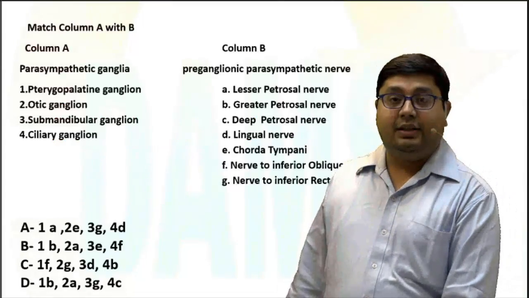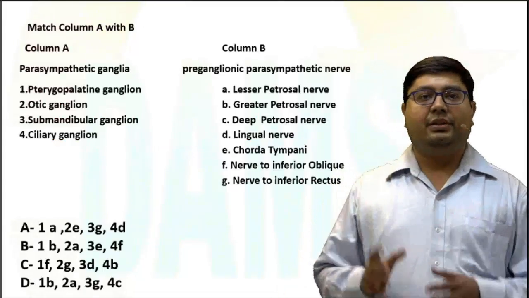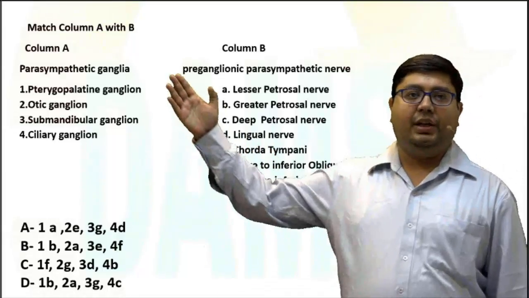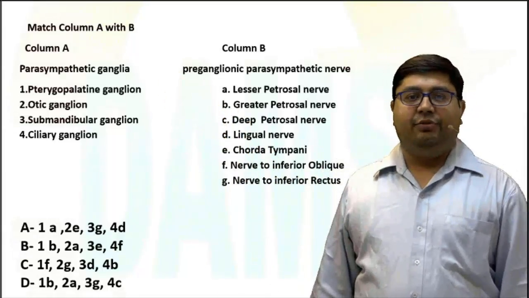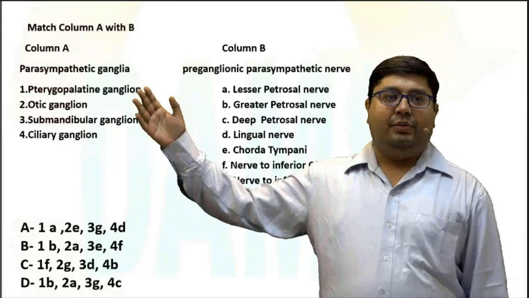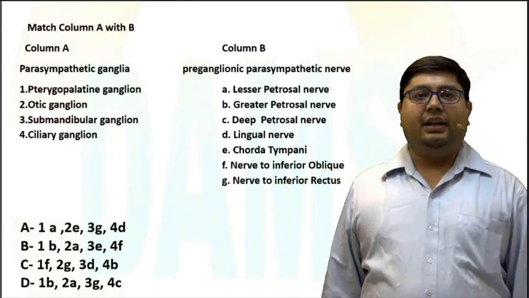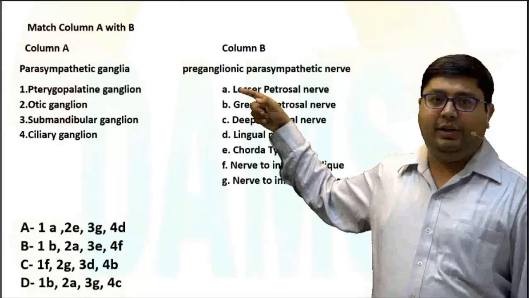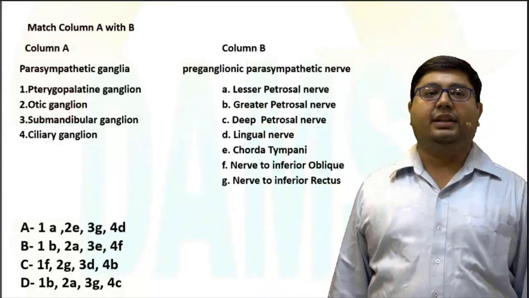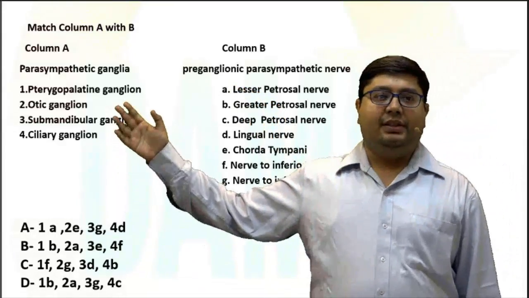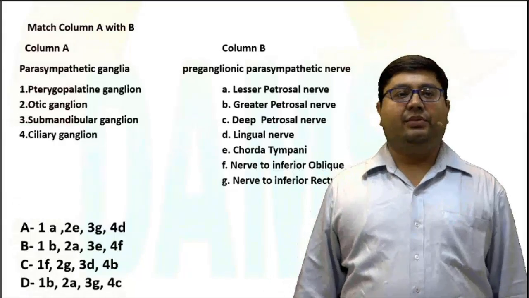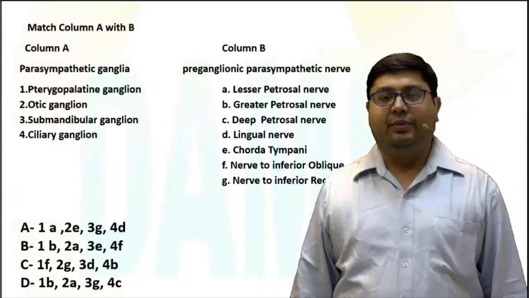So this question is about the matching type: match column A with column B. On this side, in column A, parasympathetic ganglia are written, and on this side, in column B, preganglionic parasympathetic nerves are written, and we have been given the choices 1, 2, 3, 4. These are the names of the parasympathetic ganglia of the head and neck part.